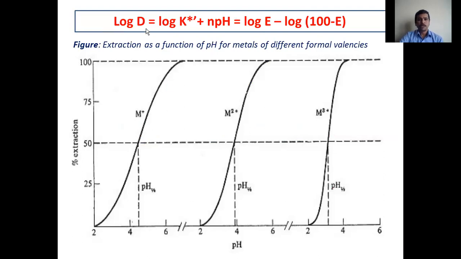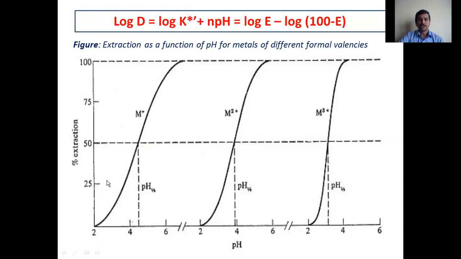According to this equation, log D is equal to log K star dash plus N into pH, which is also equal to log E minus log of (100 minus E). Here, this plot is very important to represent the relationship between percent efficiency of extraction as a function of pH in the extraction of monovalent, divalent, and trivalent metals.